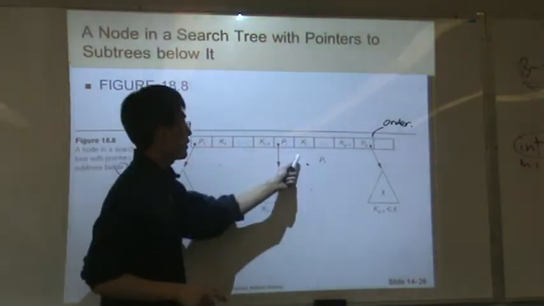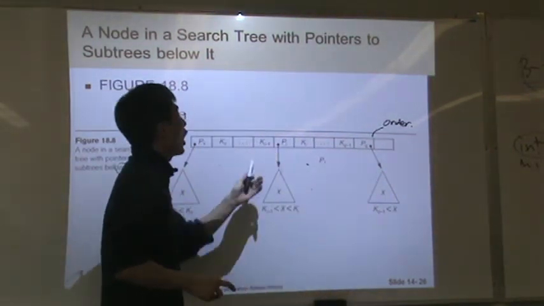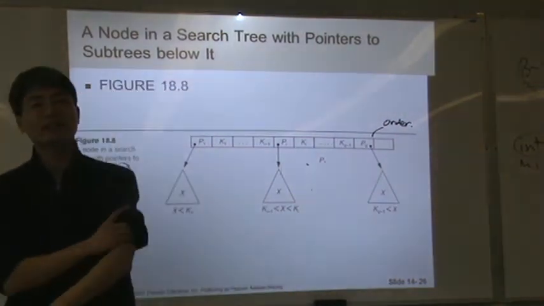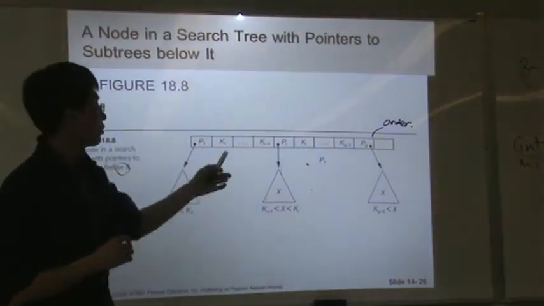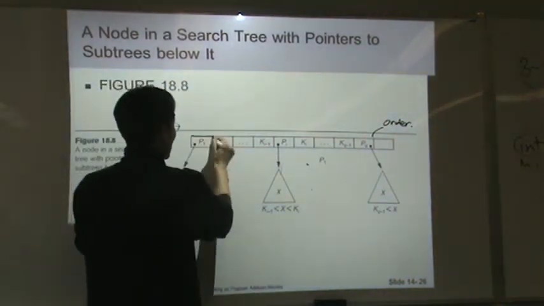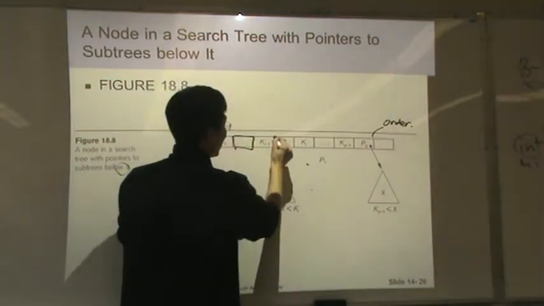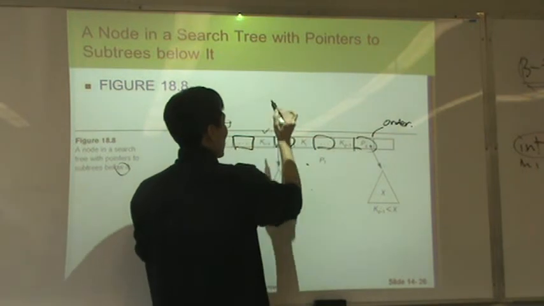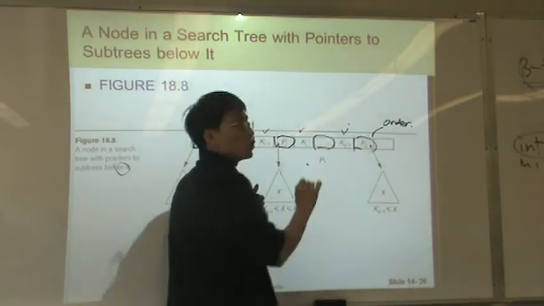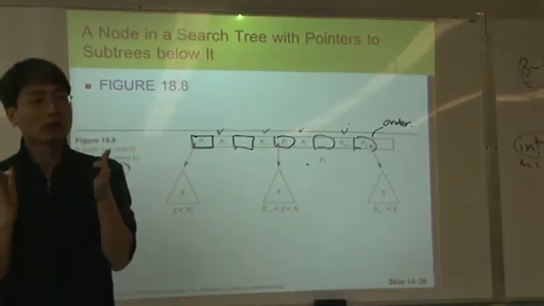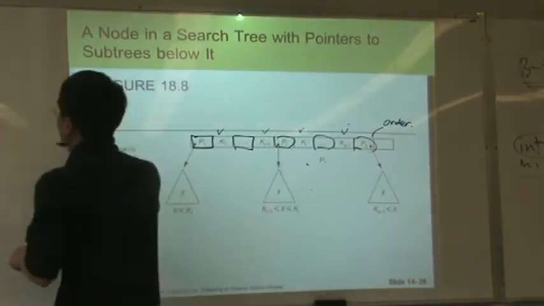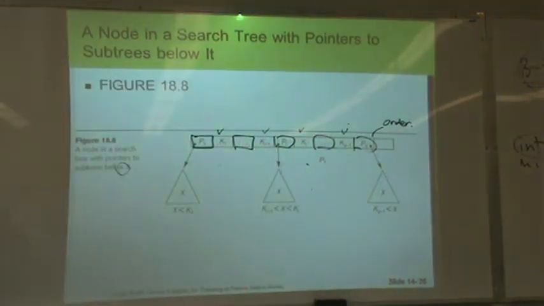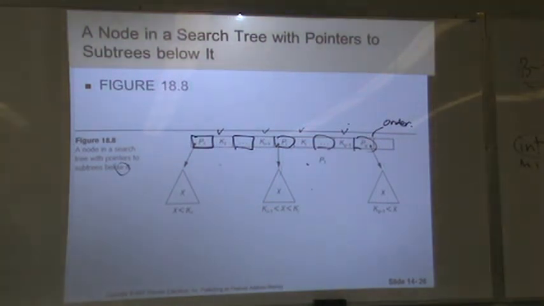So this node has Q pointers, and how many key entries? Index key entries in this node: 1, 2, 3, 4, up to Q minus 1 key values. For example, in case Q equals 3, there is a pointer, then 10, 20.